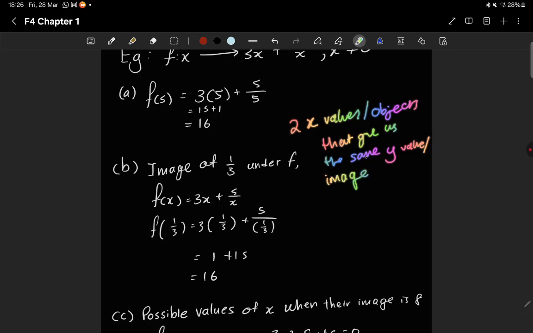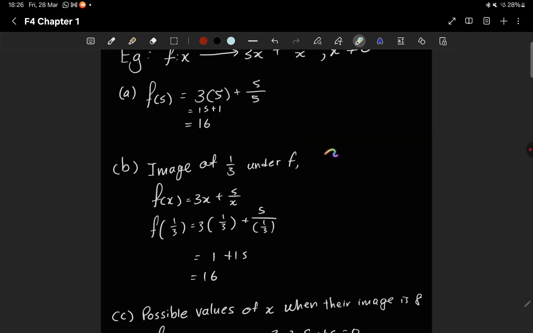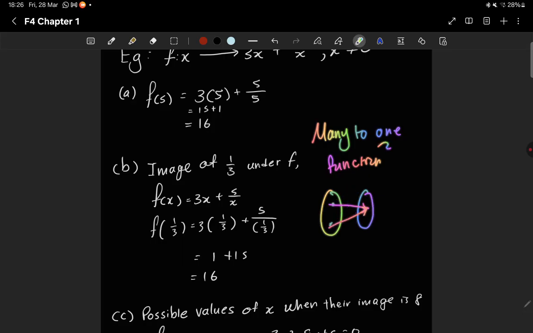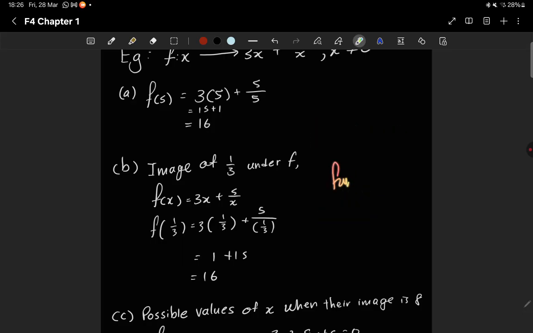Doesn't that ring a bell to you? This shows that this is a many-to-one function. There are many x values that lead to one y value, and this is a function. Alright? Because it gives one y value for many x values. So this is a type of function, a valid function.